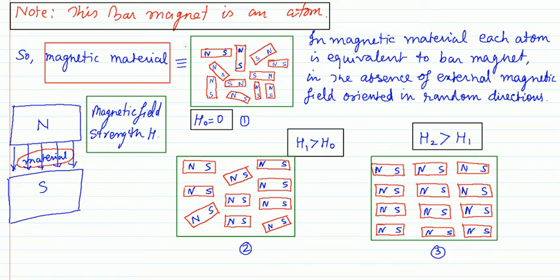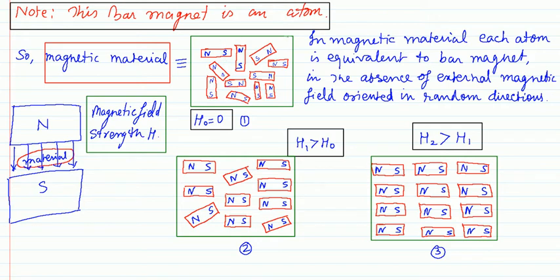We know that the bar magnet is nothing but an atom which has one unpaired electron. So if we generalize this idea for any magnetic material, you know there will be many atoms, n atoms, and each atom will behave like a bar magnet.